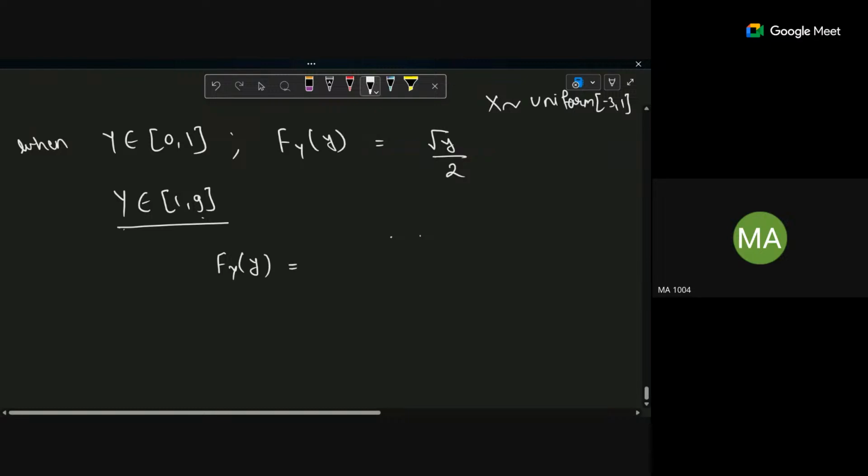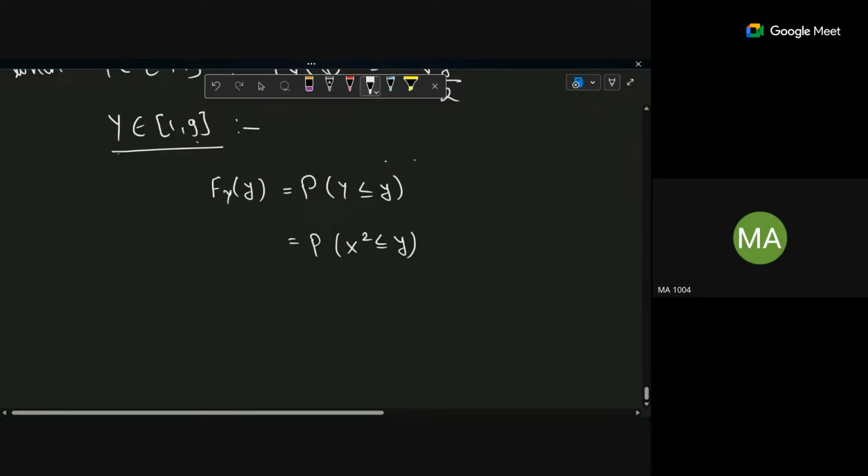So fY(y) for this range we are calculating. Probability Y less than or equal to y is nothing but probability X square less than or equal to y, right? And one more thing to note: even though you know the upper and lower limits, don't put those limits directly when calculating the CDF.